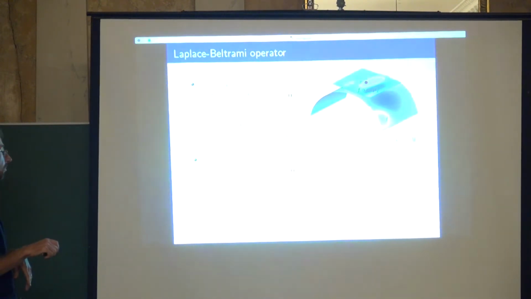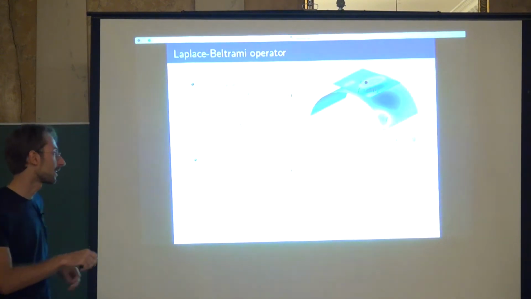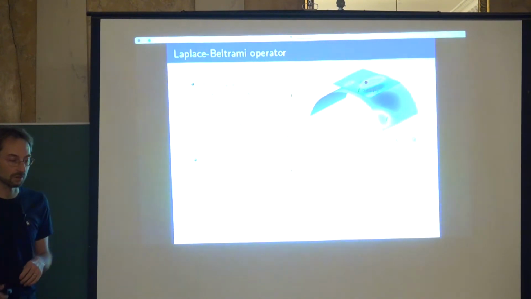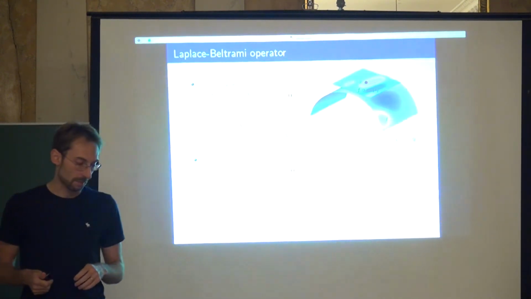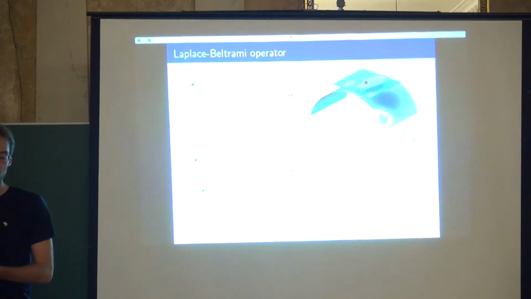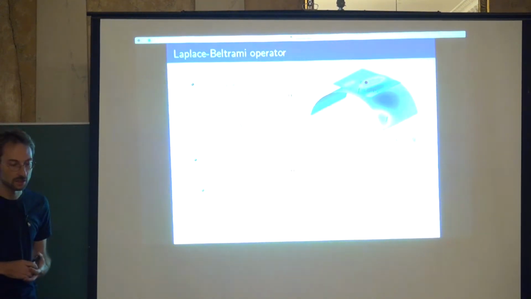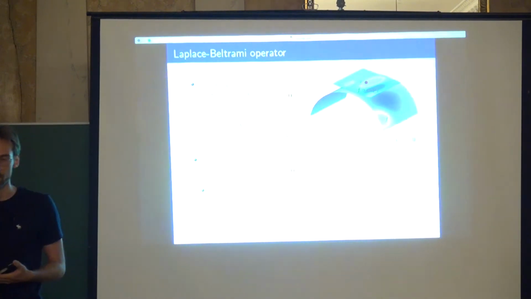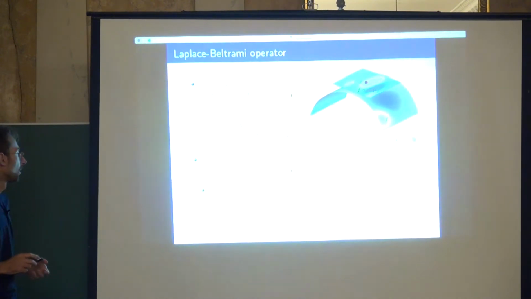We can also define the Laplacian, which in Riemannian geometry is called the Laplace-Beltrami operator, exactly in the same way. So it's the Laplacian of this composition of f with the exponential map. Okay, and it has a bunch of nice properties. So first of all, it's intrinsic, so you can describe it in terms of the Riemannian metric only. Okay, which means that it will be invariant to isometries. So if you deform your shape, the Laplacian will remain the same.